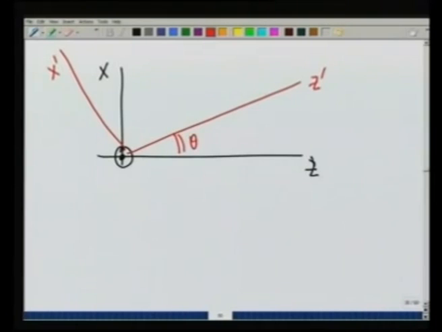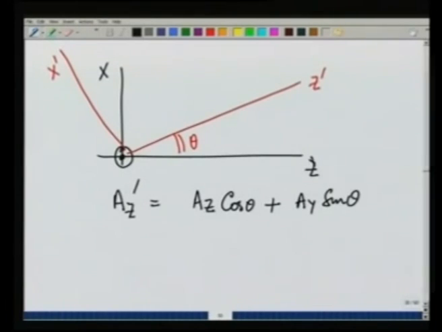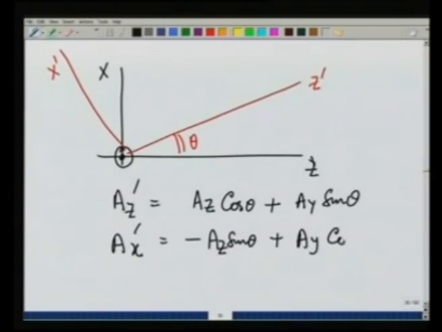By rotating about the y axis, you will see that Az prime is going to be Az cosine theta plus Ax sine theta, and Ax prime is going to be minus Az sine theta plus Ax cosine theta.